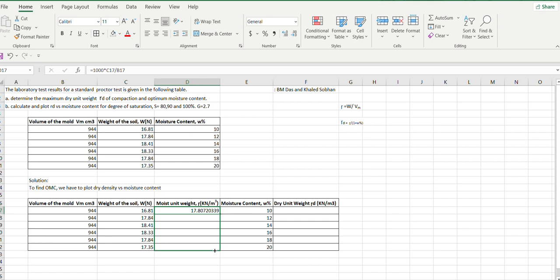Likewise, we can drag this to get all the values for the moist unit weight here.